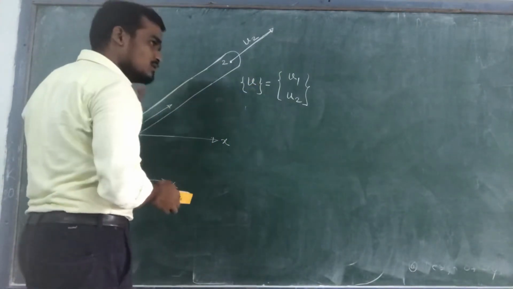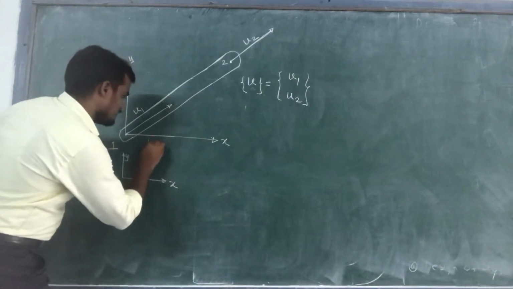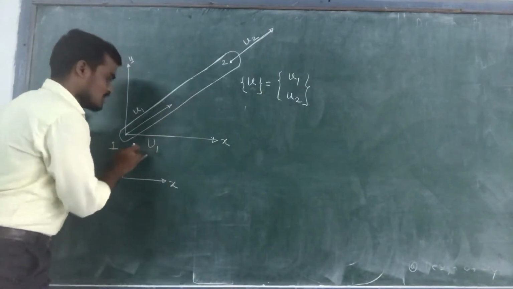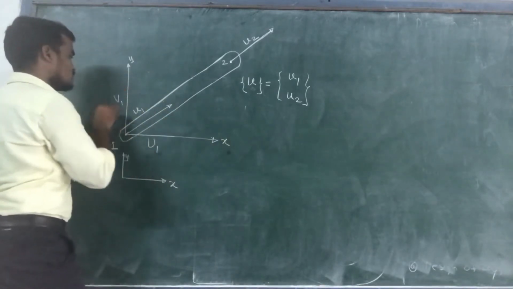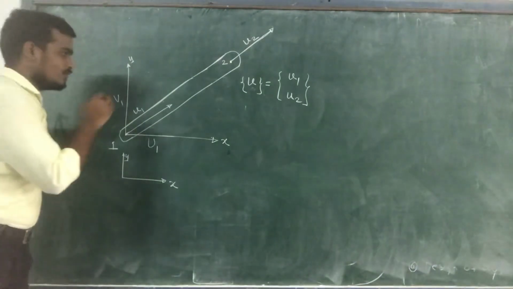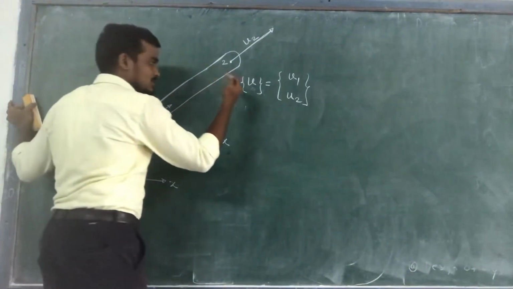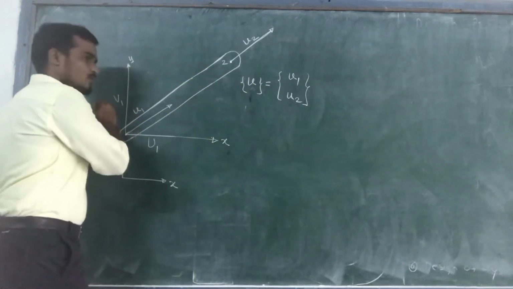We need to take the global coordinates like u1 as the global coordinate in X direction and v1 as the global coordinate in Y direction. So we need to convert these local coordinates into our global coordinates u1, v1.